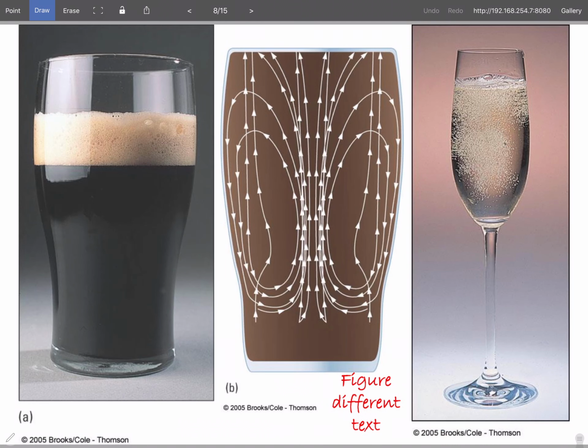Now, this is from a Brooks Cole text, and this actually shows Brownian motion in a liquid. Now, most of y'all are probably not of age, and even if you were, this is a dark beer, like a stout, which I find totally nasty.